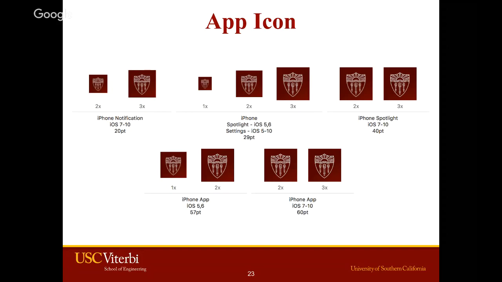And then on the Spotlight, you can see that it's 40 points, and right here it's 29 points. So when we say 1x quality, we mean 1 pixel is equal to 1 point.